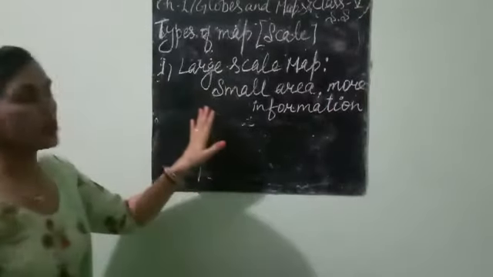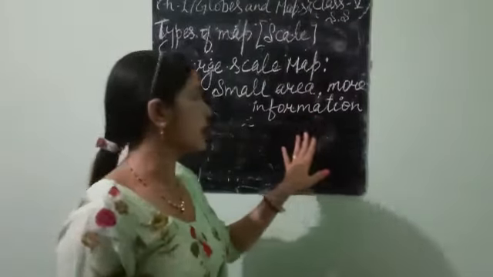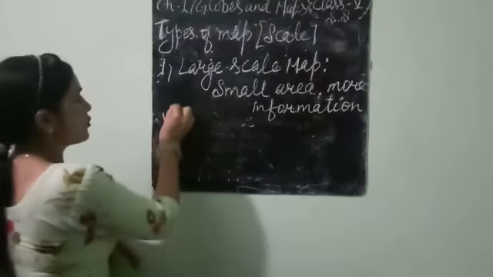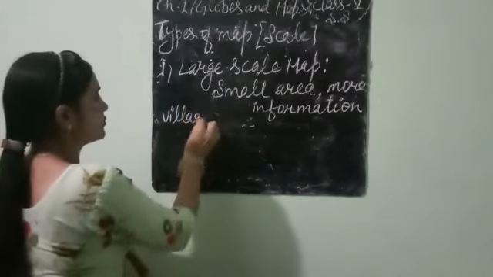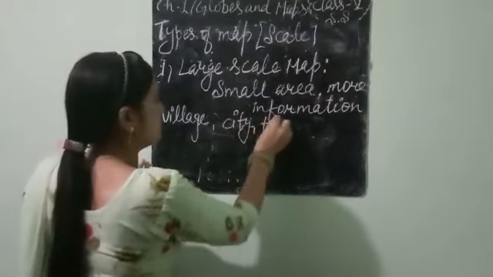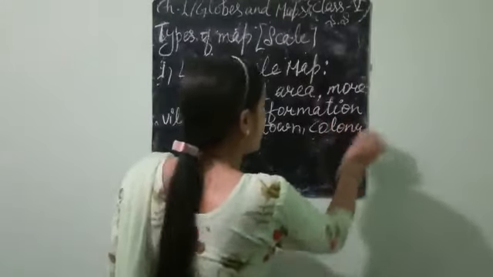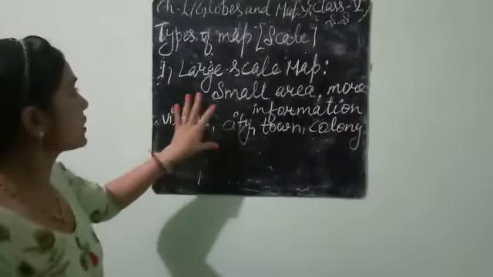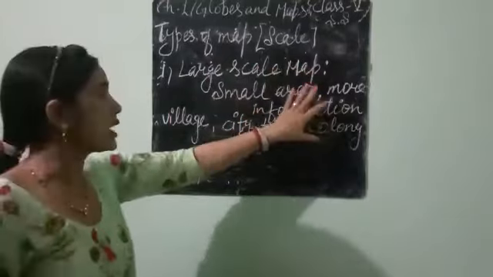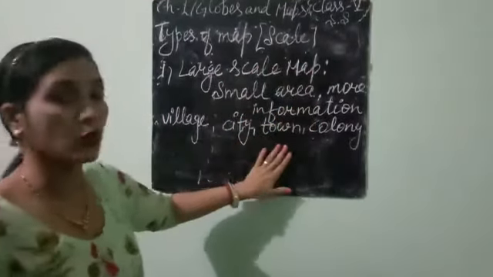This means these types of maps are drawn for a small area but they provide us more information. For example, the map of a village, the map of a city or town, the map of any colony. All these types of maps are examples of the large scale map because they are drawn for a smaller area and provide us more information.